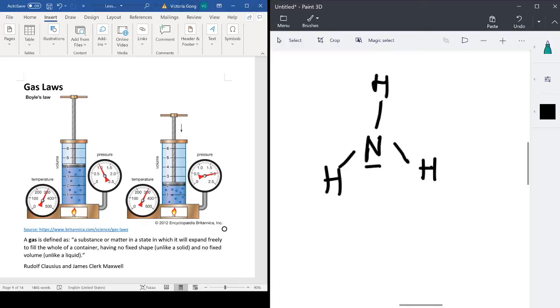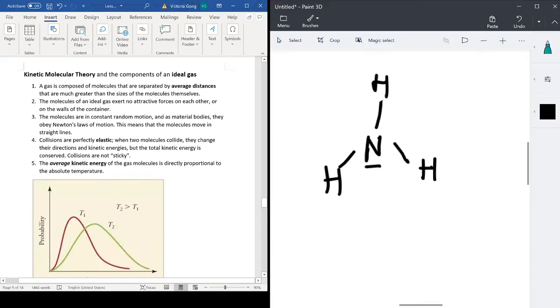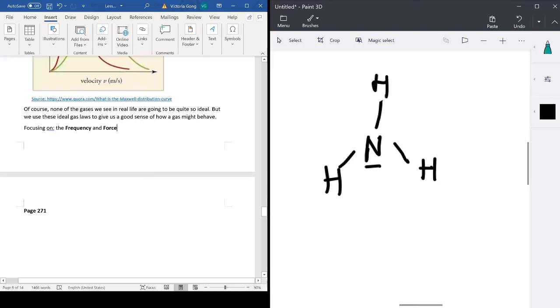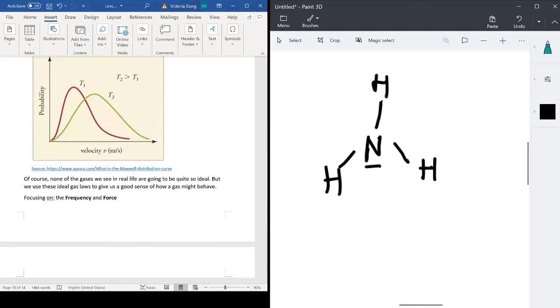And the moles of gas would be another measurable part of a gas that could influence its behavior. So let's take a look at two of the important laws when talking about gases. We're going to go to the textbook now and talk a little bit about Boyle's and Charles' law.